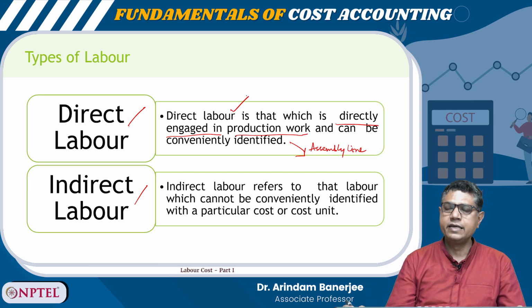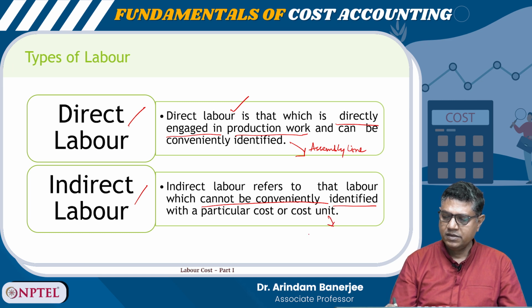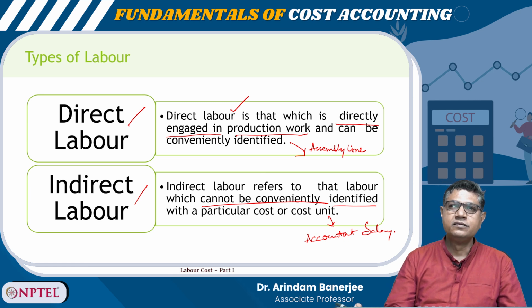Who is an indirect labor? Indirect labor refers to the labor which cannot be conveniently identified with a particular cost or cost unit. Example, accountant salary. So, for an automobile company, the accountant who is working in the accounts office, he is accounting for all the models, right, which are produced by the company.